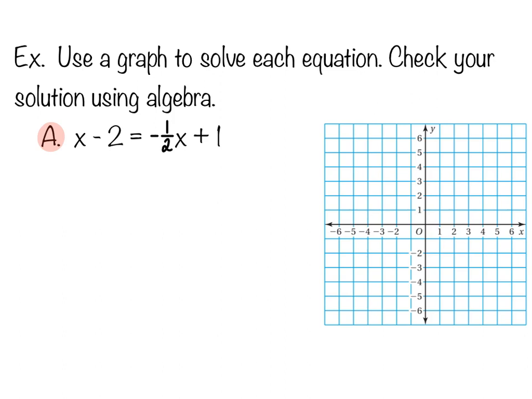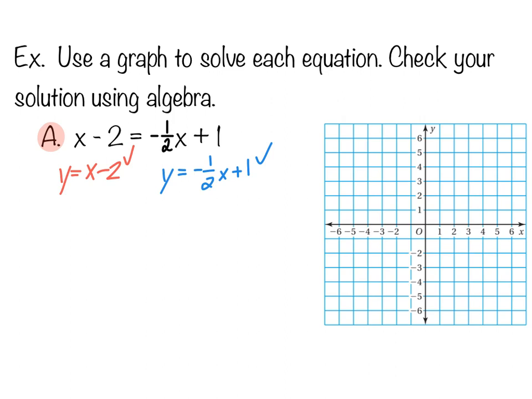On the left side of the equation, we've got x minus 2. If we think of that as being y equals x minus 2, then that's written in slope-intercept form, so that's good. And on the right side of the equation, if we think of this as being y equals negative 1/2 x plus 1, then that's also written in slope-intercept form, so we're good to go there as well.